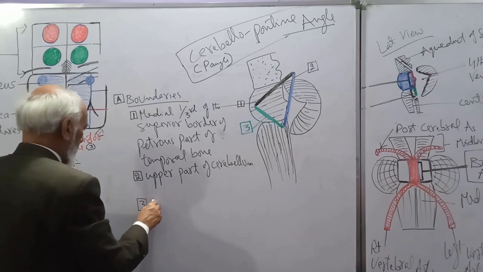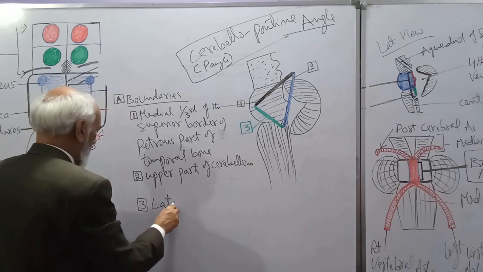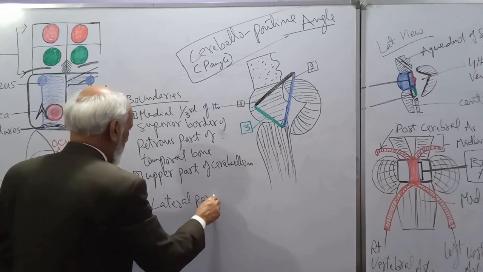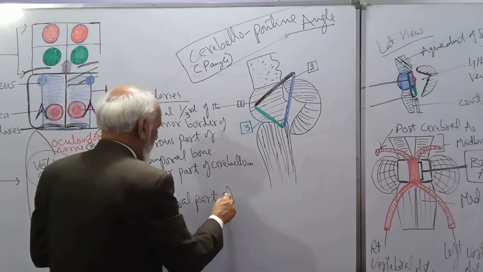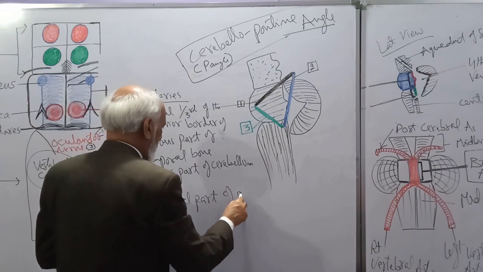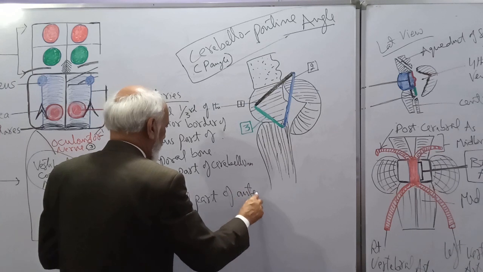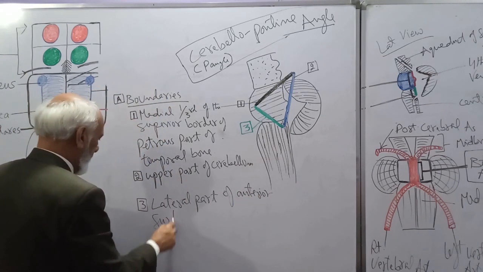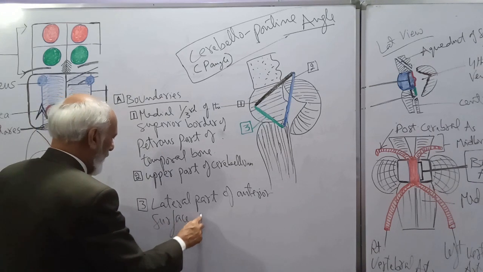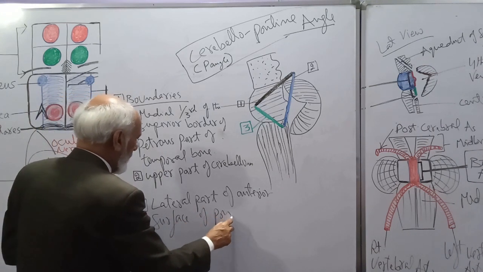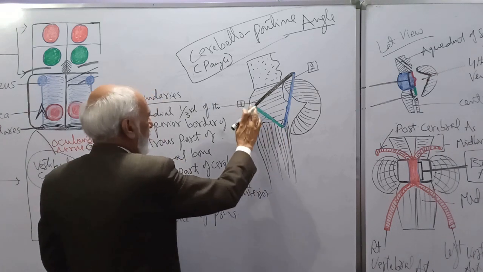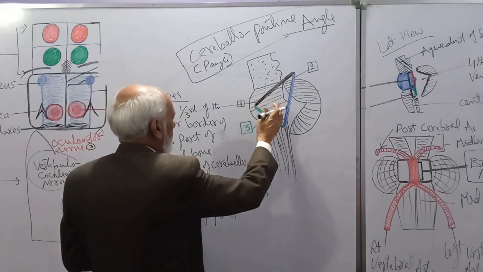That is the lateral part of the anterior surface of pons. This one. This is the anterior surface of the pons, the lateral side.